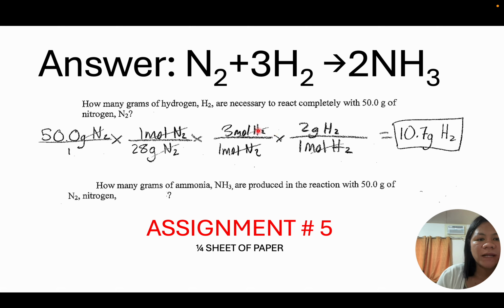Since hydrogen is what we are looking for, we find its molar mass, which is 2 grams. We put 1 mole of hydrogen at the bottom. If we multiply and divide, 50 times 1 times 3 times 2, divided by 28, divided by 1 and 1, we get 10.7 grams of hydrogen.